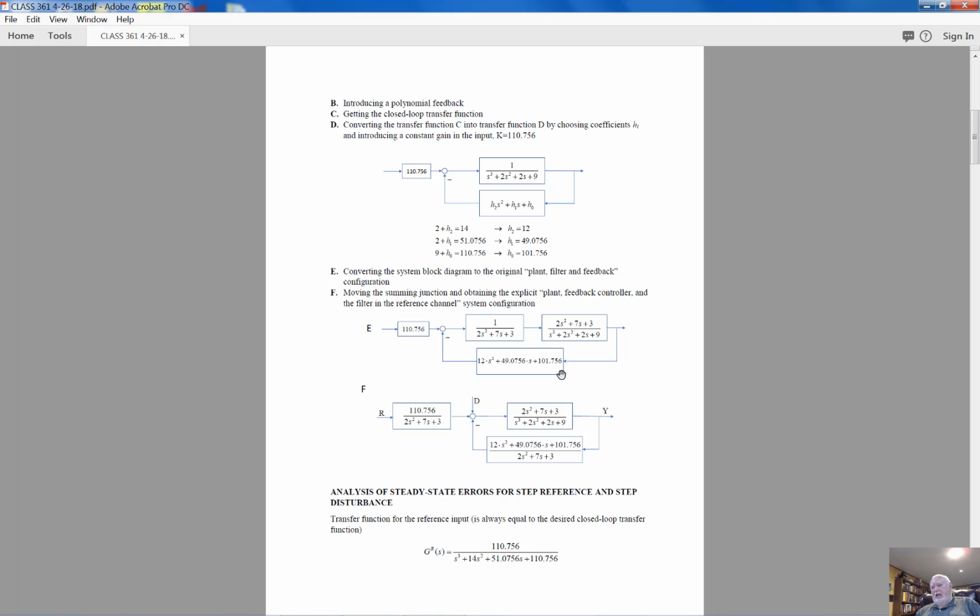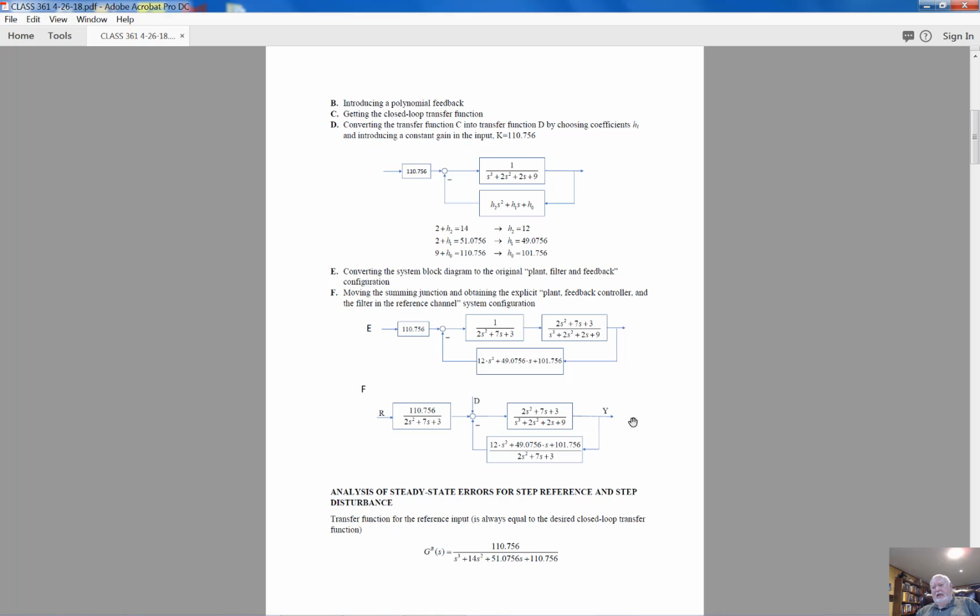The only thing I have to do now is to move the summing junction to this location. And this is what I do. And of course, when I do it, I have to follow the rules for block diagram transformation. And guess what I'm getting now? I'm getting the controlled plant.